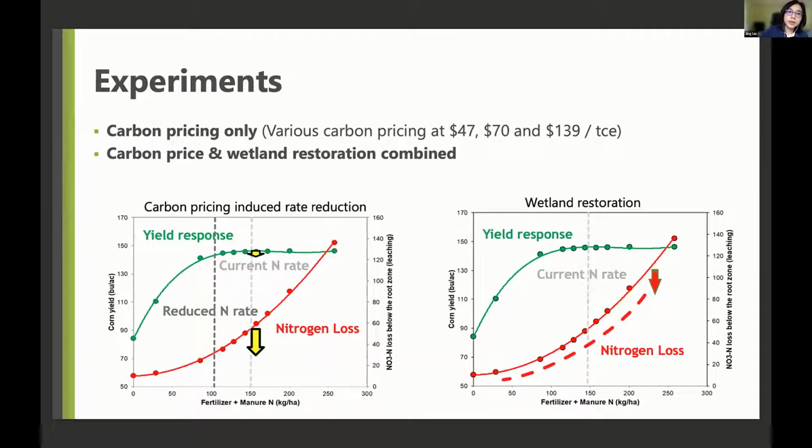And for the experimental design, we consider two sets of experiments. One is carbon pricing only. So pretty much what Uris presented, but I will show more on the impacts on leaching. And we did this at 3 different levels of carbon pricing at 47, 70, and $139 per ton carbon equivalent.